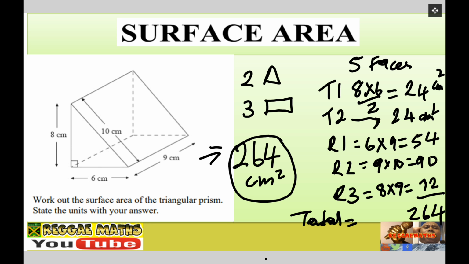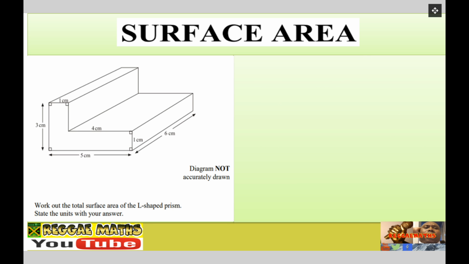So now we're going to look at a compound end face, right? How do we work out the surface area of this L-shaped prism? Basically you come across an L shape, and you need to identify the L shape first.